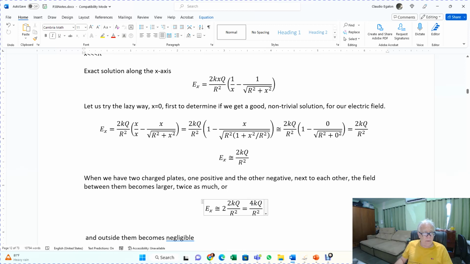And the field outside them becomes negligible. We can elaborate a little bit more on this result that you see here.